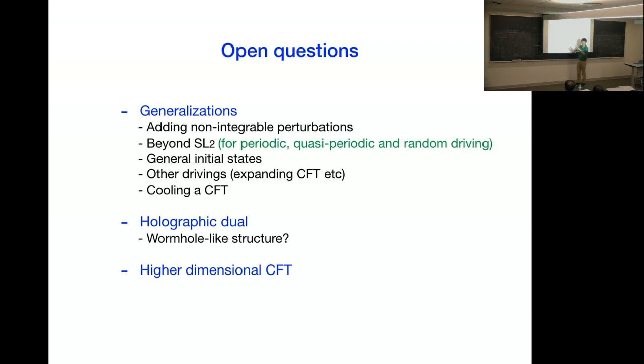If the CFT is at finite temperature, for what kind of driving can the system be cooled down from low temperature? We also want to understand a holography view of this Floquet CFT, because this setup works for arbitrary CFT. There should be some holography view, and it's also interesting to study higher dimensional CFT. That's it.